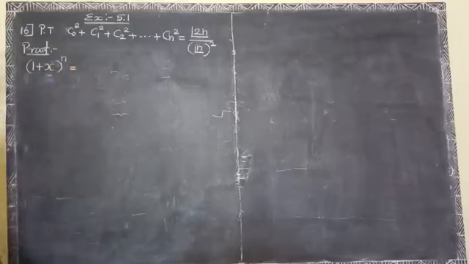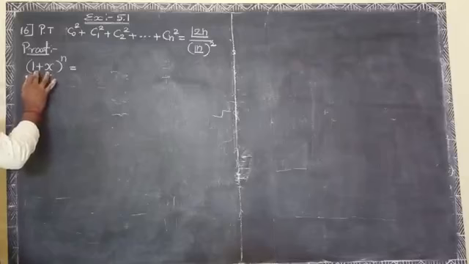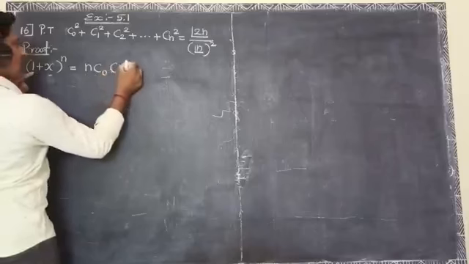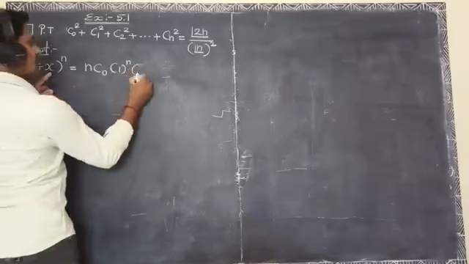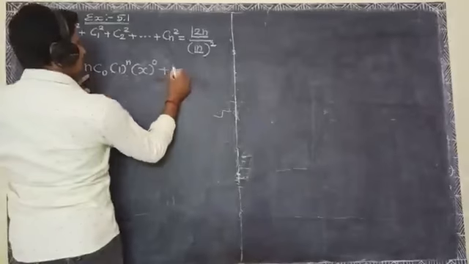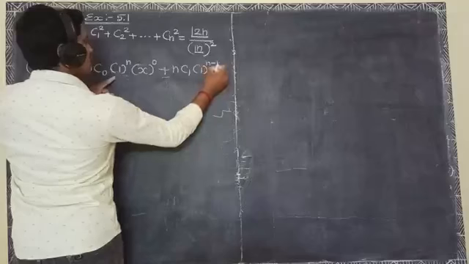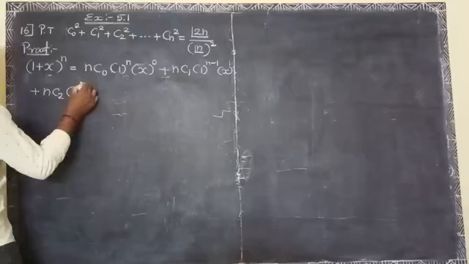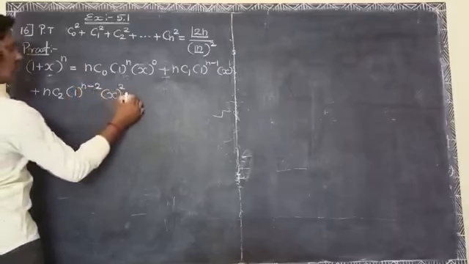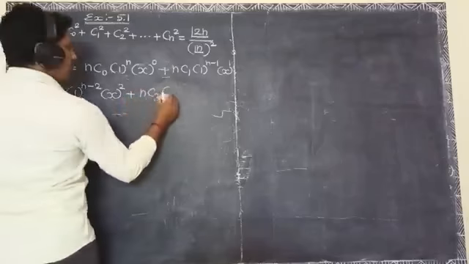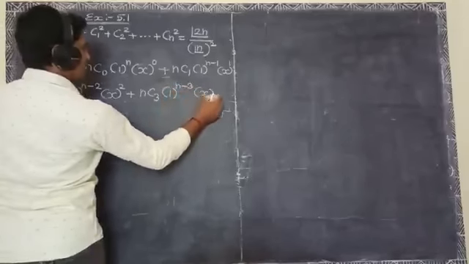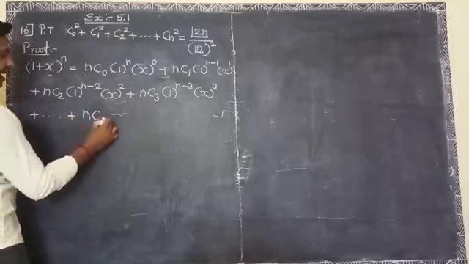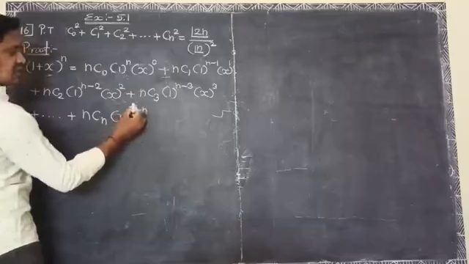Using the binomial expansion, (1 plus x) power n is nC0 1 power n minus 0 x power 0, plus nC1 1 power n minus 1 x power 1, plus nC2 1 power n minus 2 x power 2, plus nC3 1 power n minus 3 x power 3, plus and so on plus nCn 1 power n minus n, that is 0, x power n.